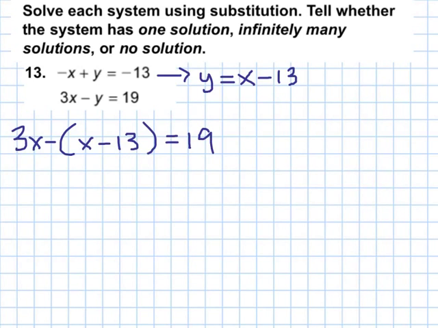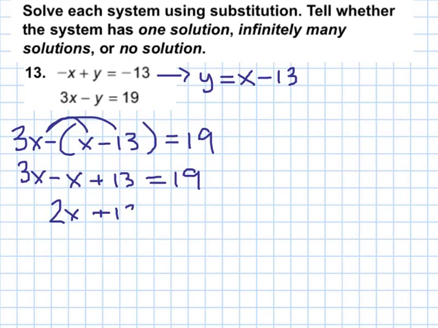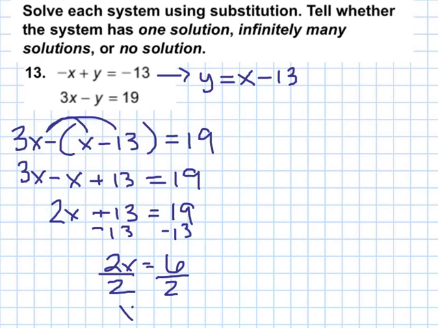So we'll keep solving. 3x, distribute this negative. 3x minus x plus 13 equals 19. 3x minus x is 2x plus 13 equals 19. Subtract 13 from both sides. 2x equals 6. Divide by 2, and we have x equals 3.